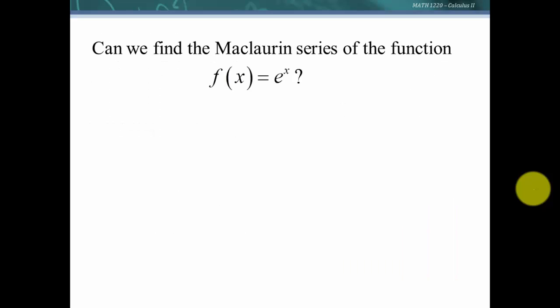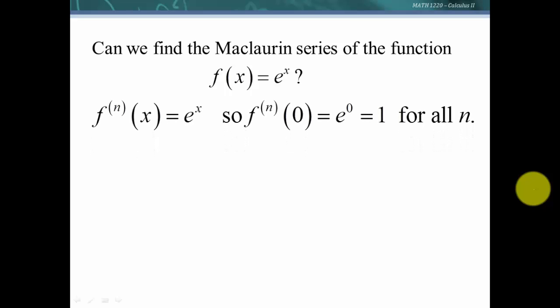So can we find a Maclaurin series for the function f of x equal e to the x? Well, we could figure out the derivatives, and all of the derivatives, the nth derivative is e to the x, any derivative is e to the x. So if we evaluate any derivative at 0, we would have e to the 0 or 1.